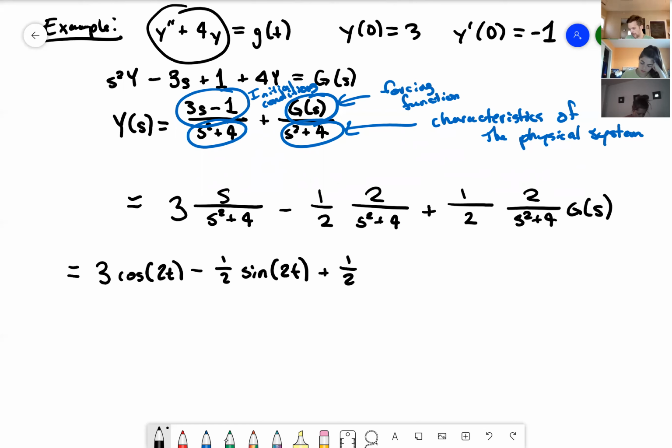And then this part is sine of 2t, and this part is just the Laplace transform of our forcing function. We're doing this in kind of generality. We're assuming that we don't know exactly what the inverse Laplace transform of this thing is. Or we know what g of t is, but let's just assume that we don't know exactly.